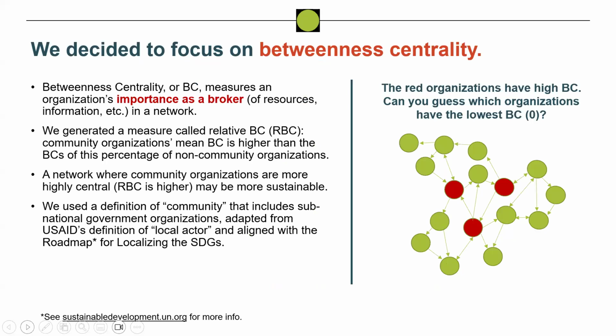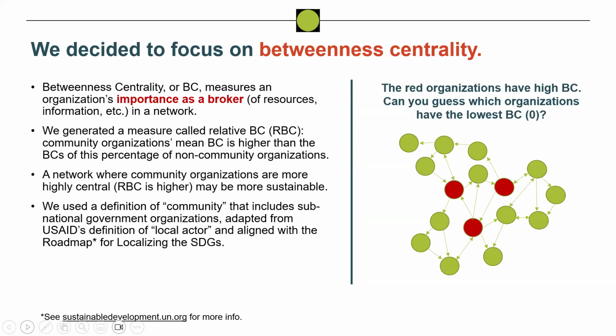In the end, we opted for this measure of betweenness centrality that reflects how important organizations are to the transfer or exchange of something across a network. And as I said, in our case, we had data about exchanging information and resources other than money. We calculated a measure that compared the centrality of community organizations to the centrality of non-community organizations.